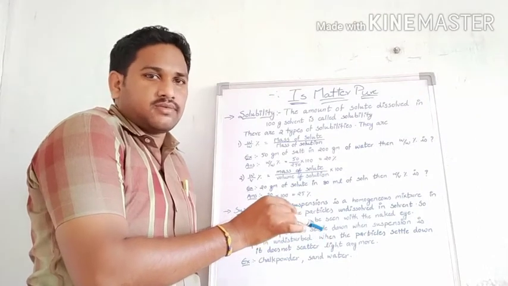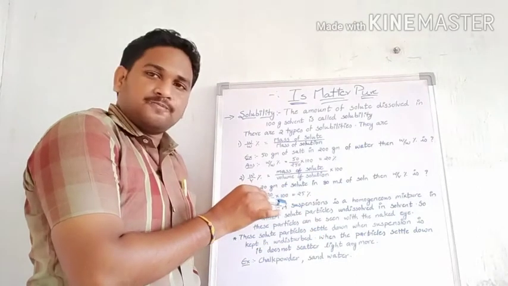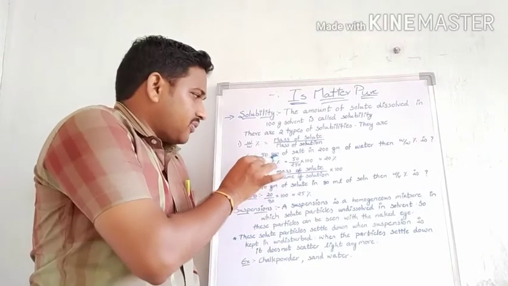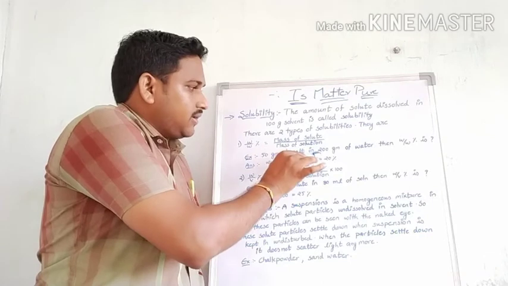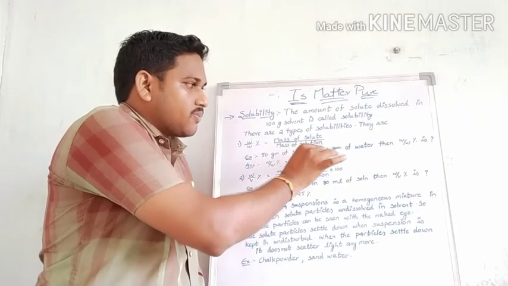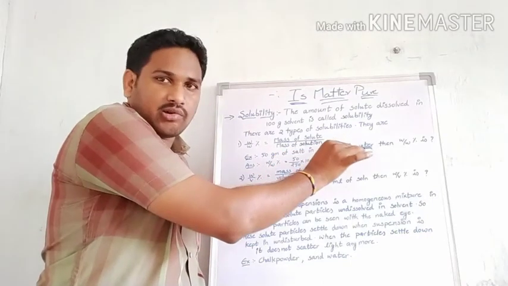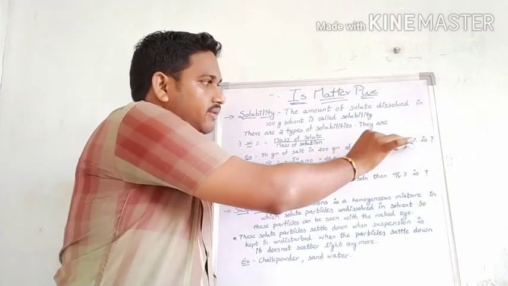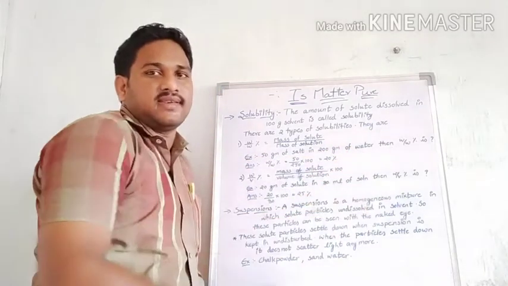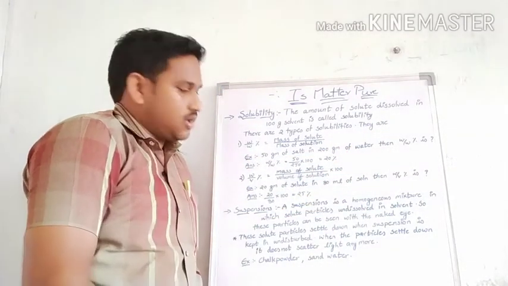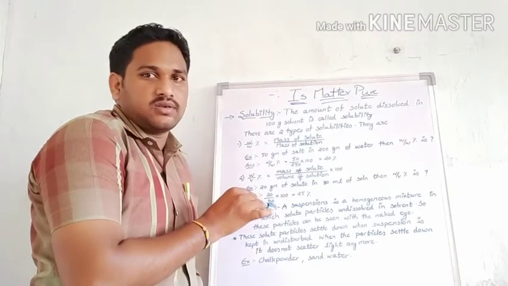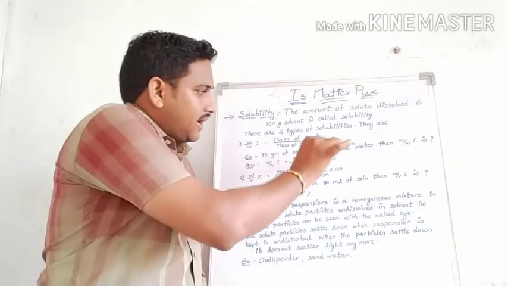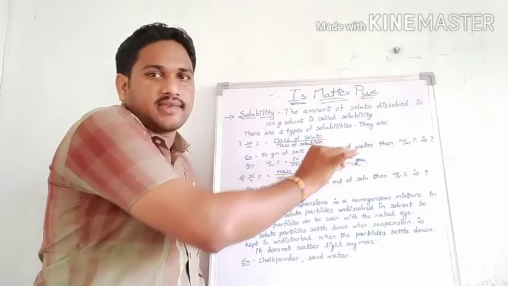Students, one example is given: 50 grams of salt, the solute, in 200 grams of water, the solvent. Then the weight by weight percentage is, students, 50 grams acts as a solute and 200 grams acts as a solvent.